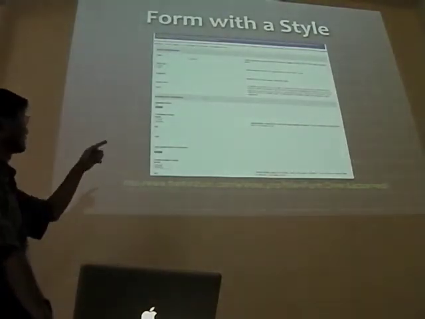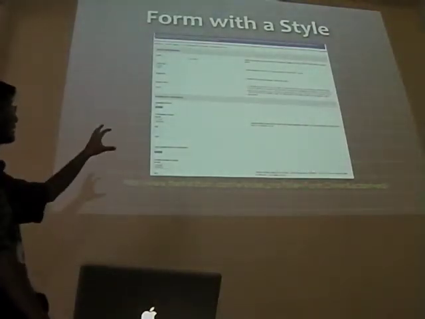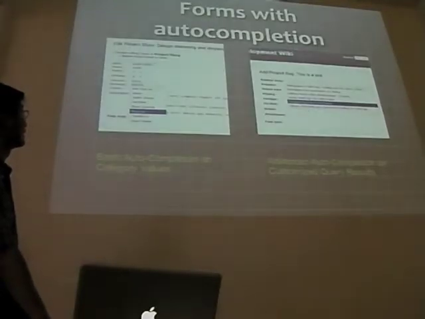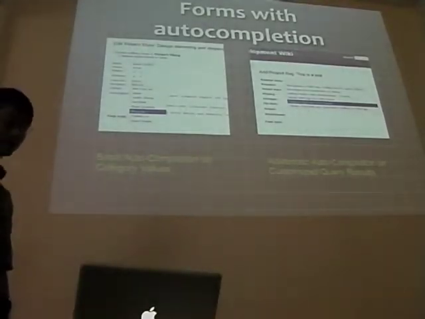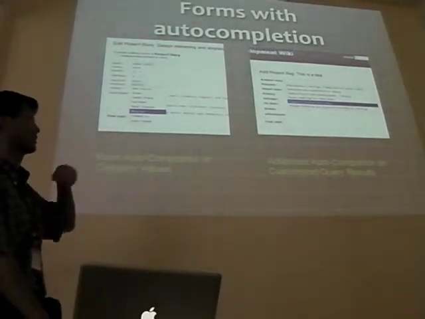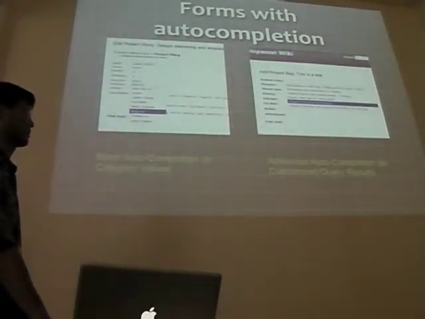This is an example called forms with style. Basically, put things into a table, and it's also old. It's not very up to date, but you get the idea. And this is a form with auto-completion. The simple one over there has results coming from a customized query result.